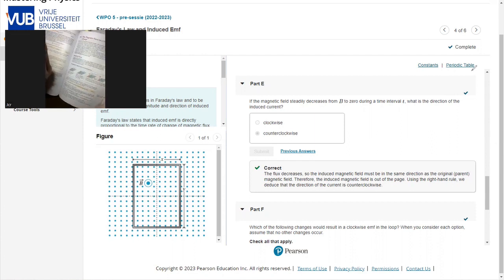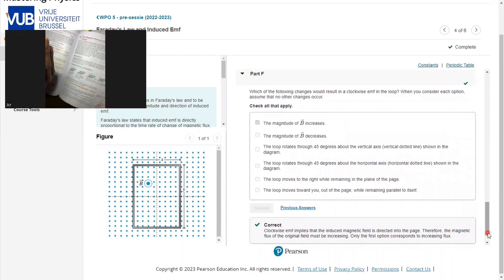But here, in part F, they ask which of the following changes would result in a clockwise EMF in the loop. So my B has to be increasing. My rectangle is going to move clockwise, and I say that because clockwise is what is mentioned here.